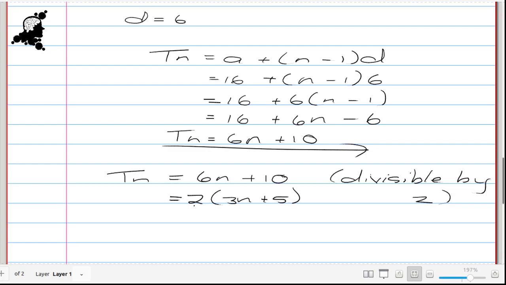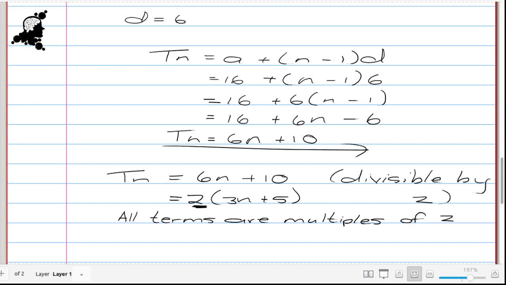Now when looking at this, I've got a coefficient of 2. This automatically means that all of the terms in the sequence are multiples of 2. So I'm just going to write this here. All terms are multiples of 2, meaning that 2 can go exactly into those terms.